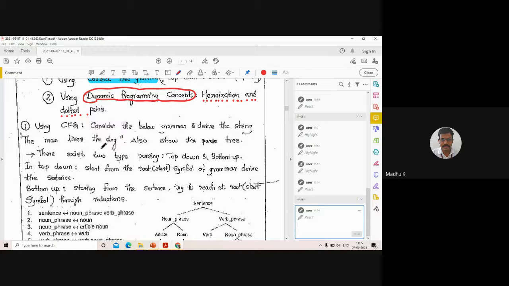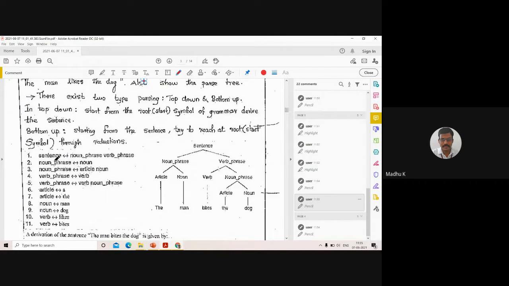So the first method is using context-free grammar for the grammar rule representation and using bottom-up or top-down parsing. Consider the below grammar. There are 11 grammar rules, or productions, given.